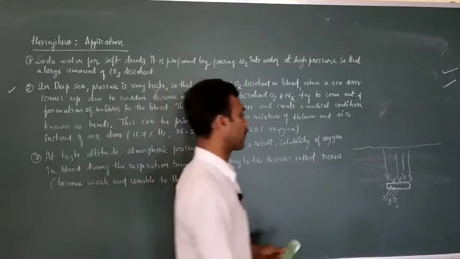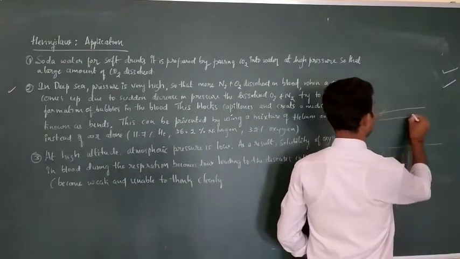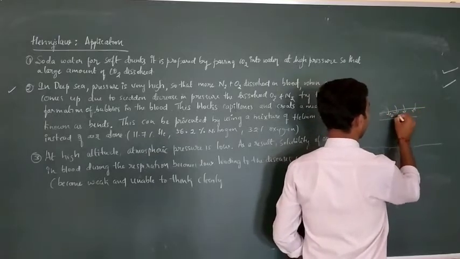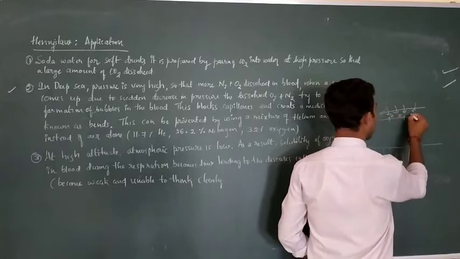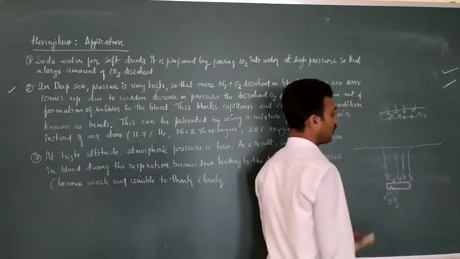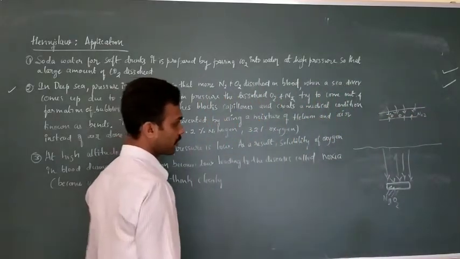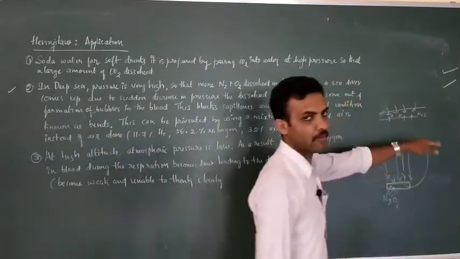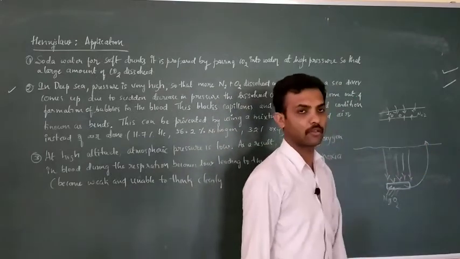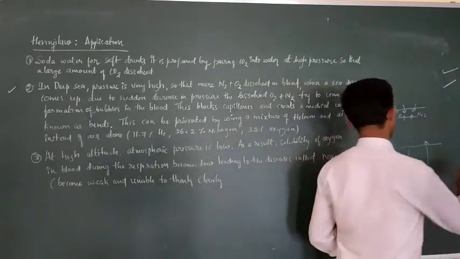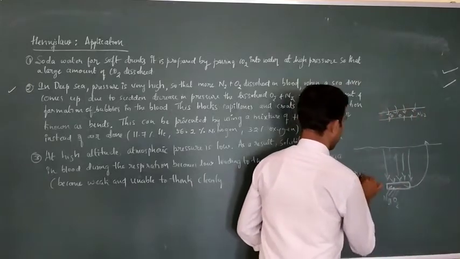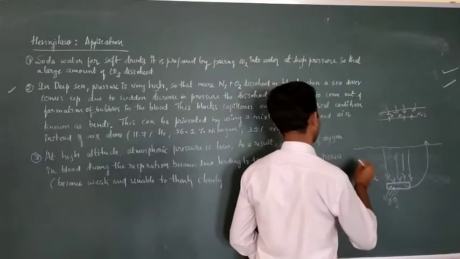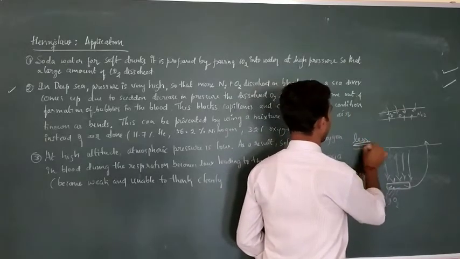Inside the blood vessels, more and more carbon dioxide, oxygen and nitrogen are getting dissolved at a higher rate, in the deep sea. When that person comes out from the deep sea to the surface level, now what happens? The pressure inside the deep sea is more. At the surface level, out of the sea, the pressure becomes very less.